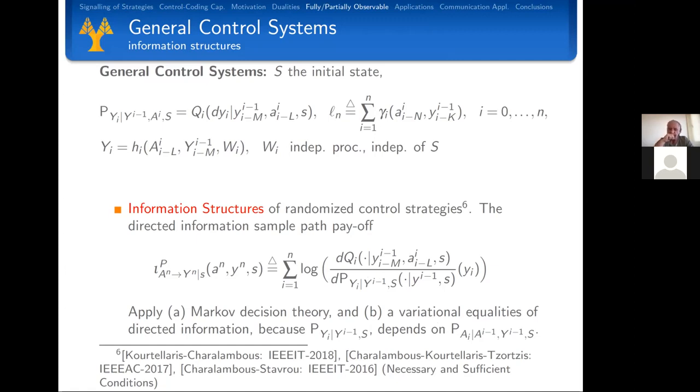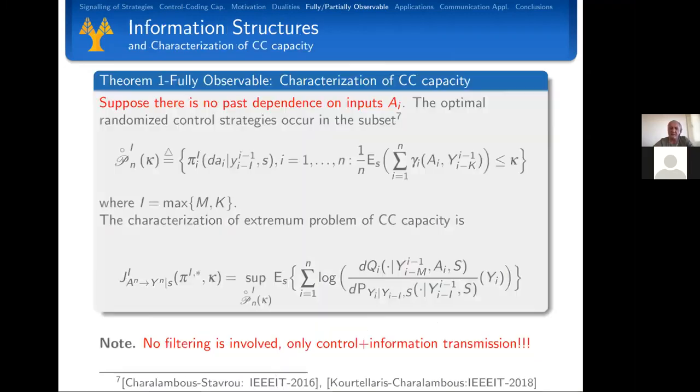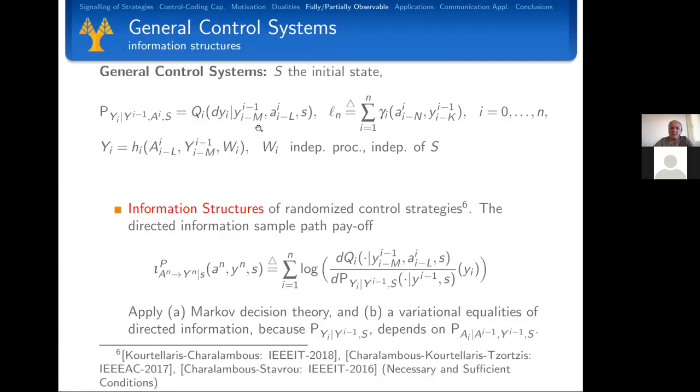So here is what we use, what are called variational inequalities in these references, to determine the information structures. Let me give you the first theorem, which I call the problem with a fully observable control system. Suppose my model here does not have any path dependence on this, and neither does this. So n equals 0, L equals 0.